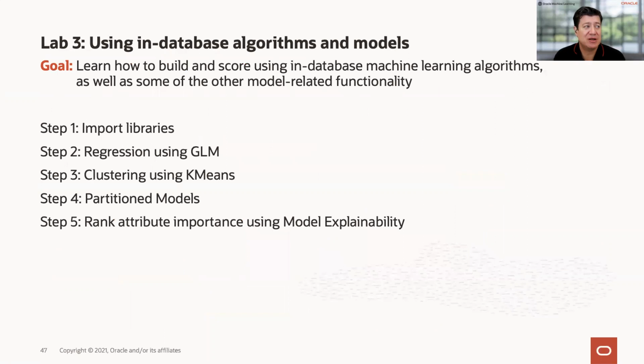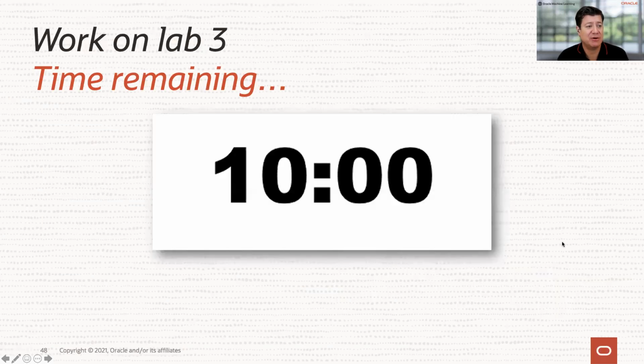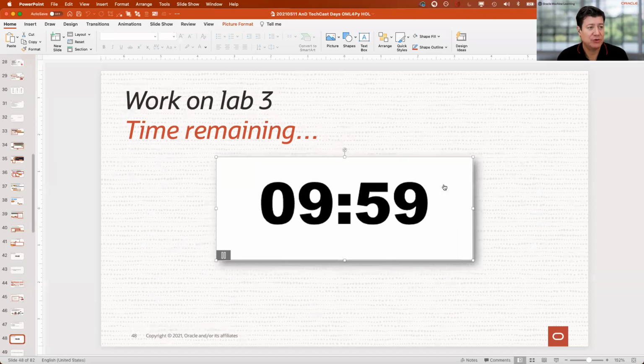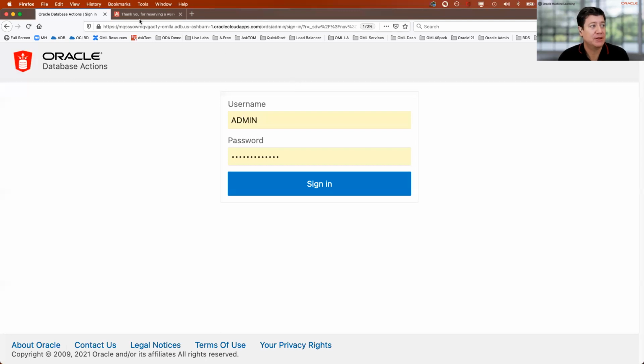So let's take a look at lab 3. We're going to import libraries, run a regression, and then run a k-means algorithm and do partition models. This time, instead of giving you a timer, I'm going to go there with you. If you're already there, please make sure that you go into your environment.